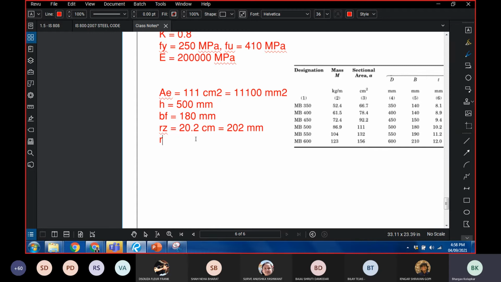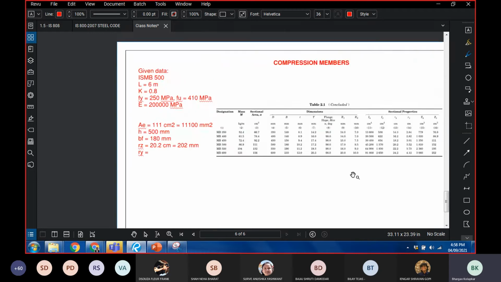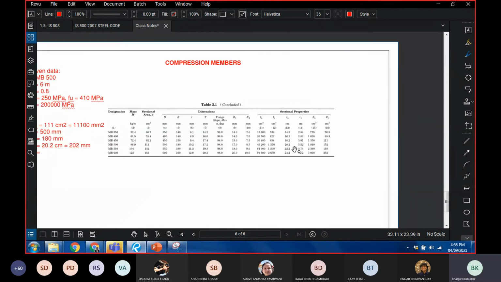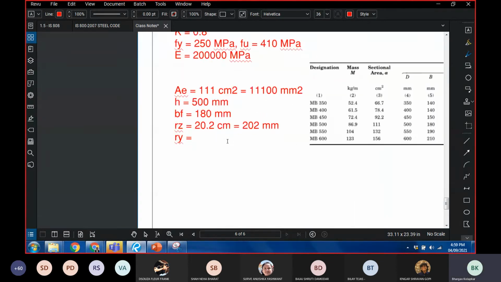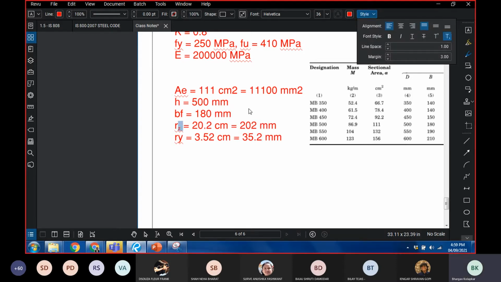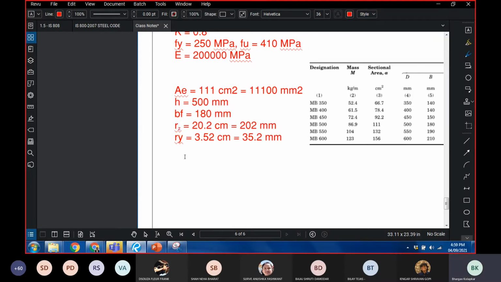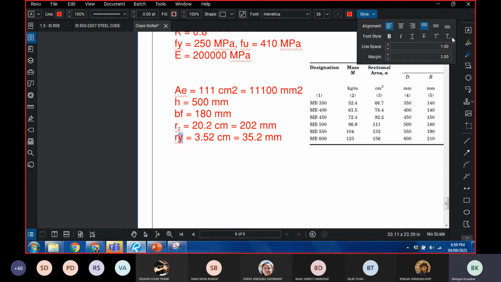And the radius of gyration about the minor axis, Ry, is equal to 3.52 centimeters. So 3.52 centimeters is equal to 35.2 mm. Please note that this is all subscript.